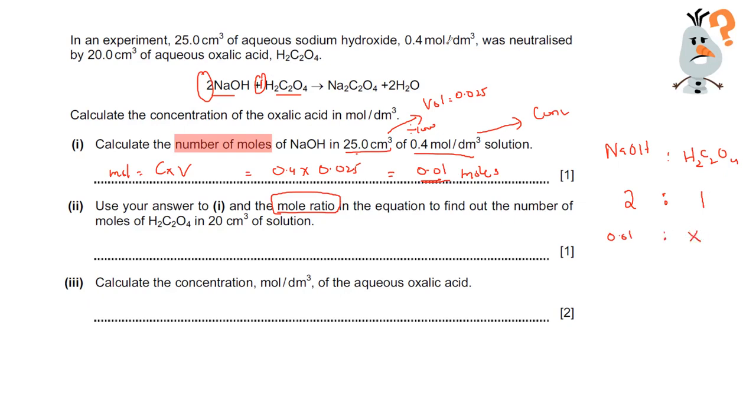X. So we cross multiply. 2x equals 0.01. We need x, so x equals 0.01 divided by 2, so x equals 0.005 moles of oxalic acid. Is the second part clear? We got the moles of oxalic acid.